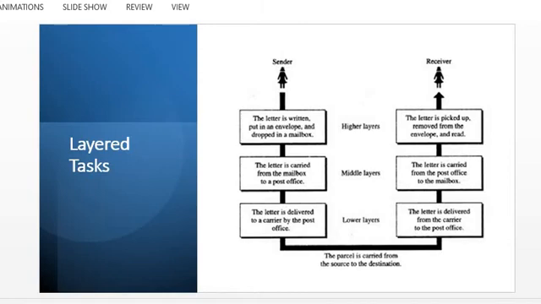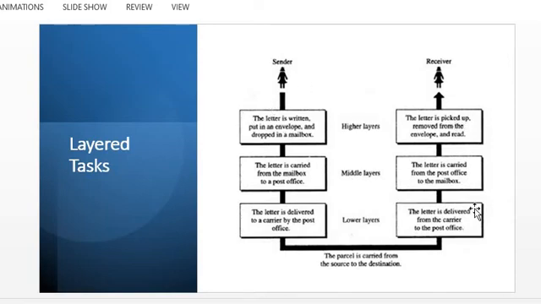The letter will be picked up by the postal company, which is the middle layer. Then they will deliver the letter to the user. That is what the lower layers do. And when you go to the other end, what has been done in these layers will be repeated in these layers, now going upwards to the receiver.